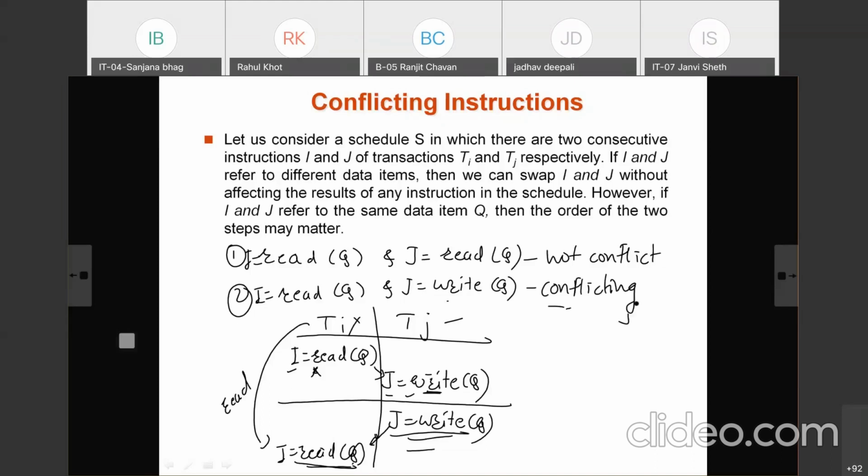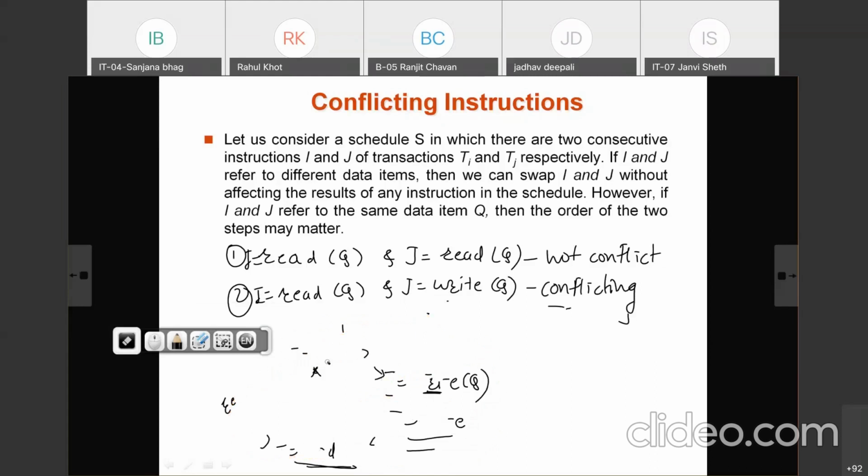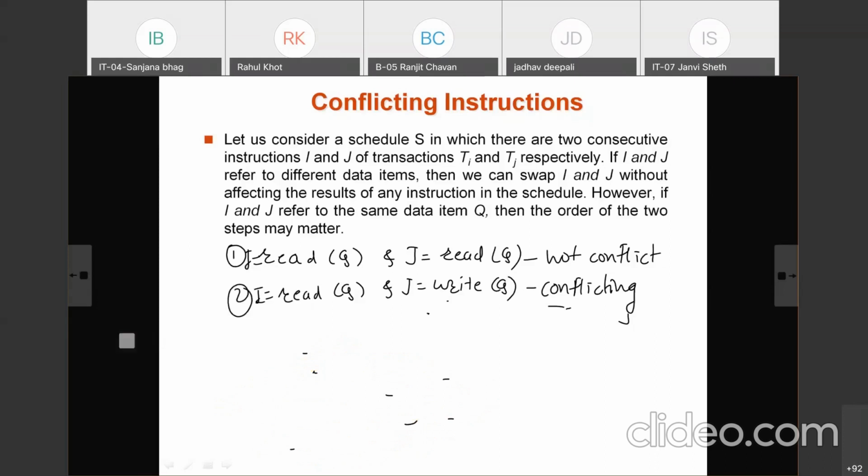Now see the third case. In the third case, I is equal to write Q and J is equal to read Q, with Ti and Tj.